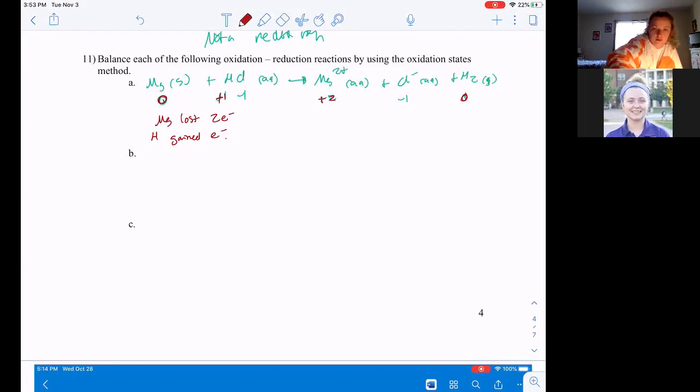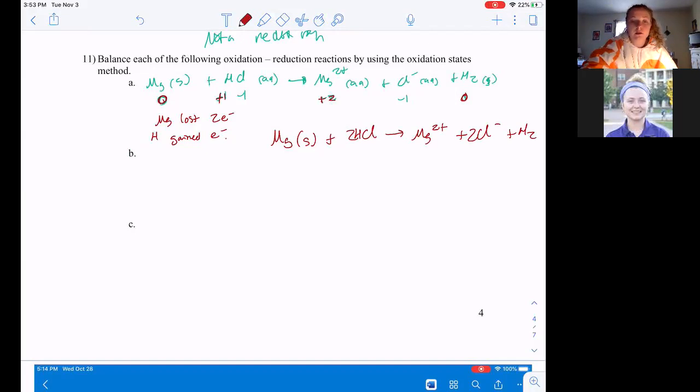When we balance the rest of the equation, it's going to be Mg solid plus 2 HCl goes to Mg 2+ plus 2 Cl minus plus H2.